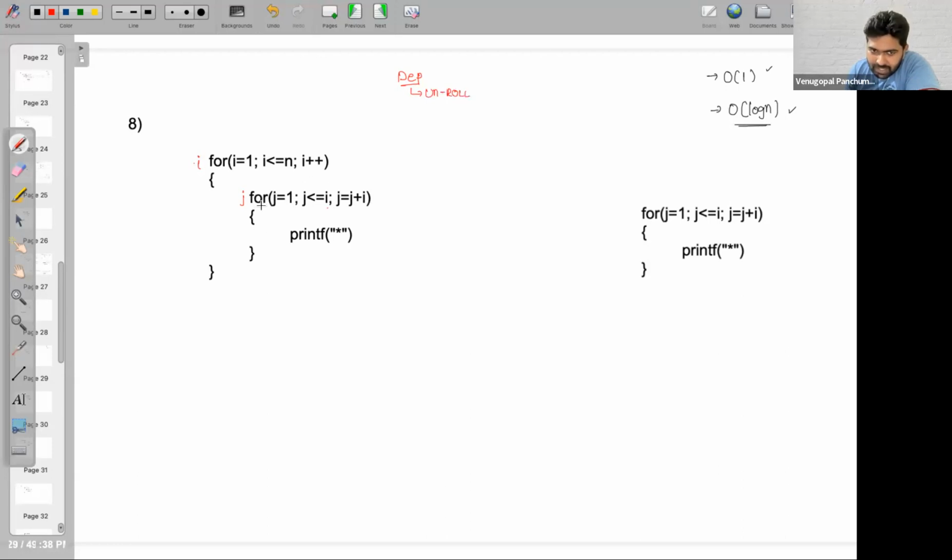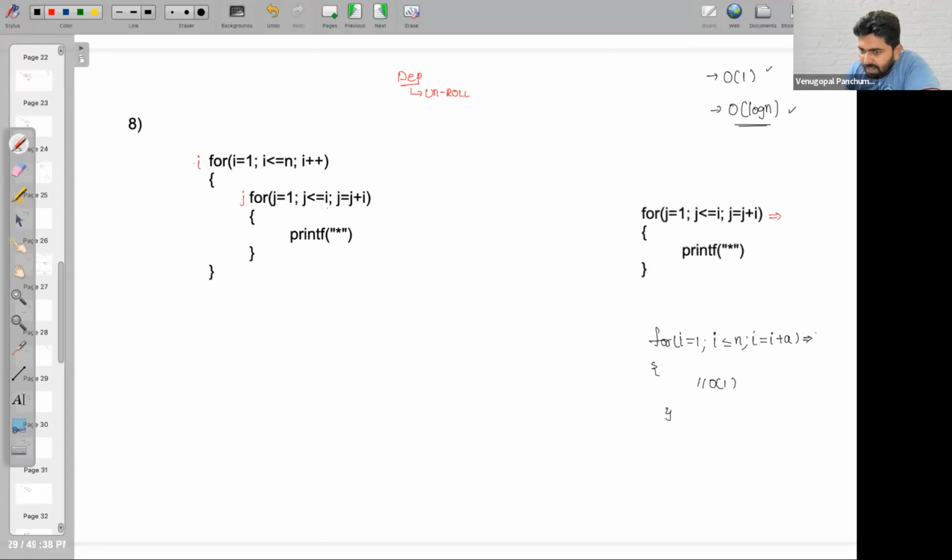First of all, let me see what will happen inside this J loop. How many times will it run, friends? What is the standard template that we had? The standard template is: for I equal to 1, I less than or equal to n, I equal to I plus a. Inside, I am writing some order of 1 statement. What is this answer?